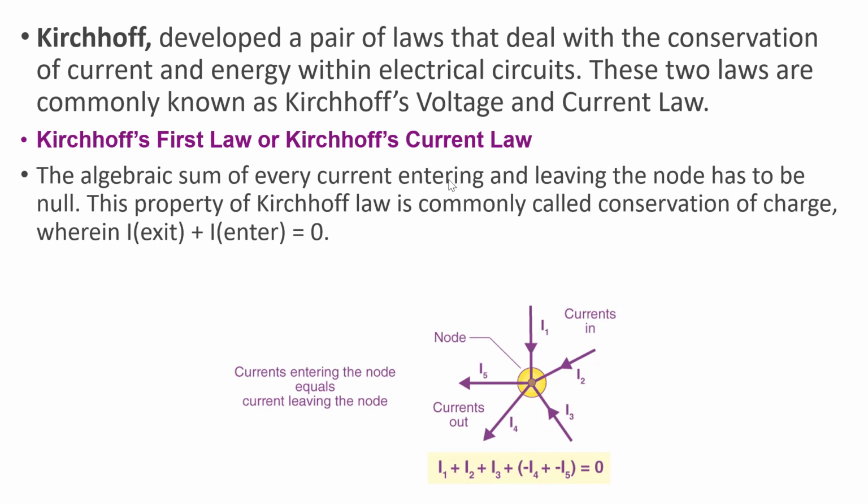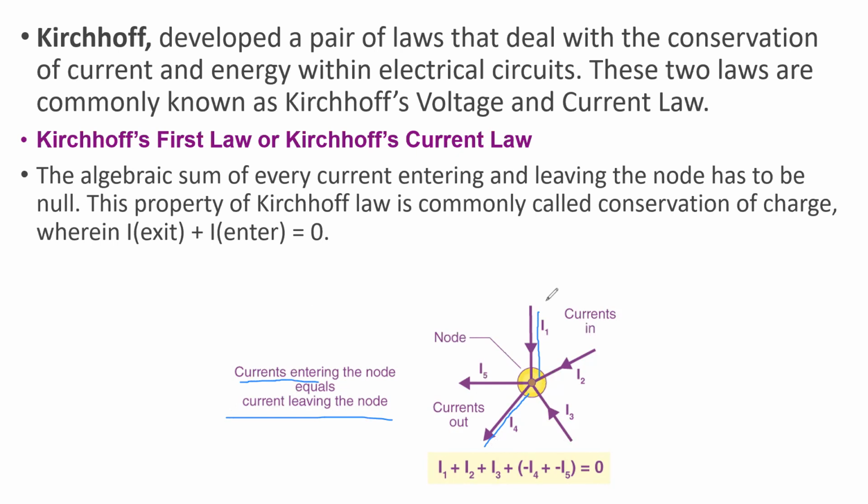Correct? I1 is moving towards the node and I4 is moving away from the node. So this algebraic sum, the addition of all these towards this node, is equal to 0. Current leaving and current entering, algebraic sum plus or minus, is equal to 0. The current entering the node is equal to the current leaving the node.